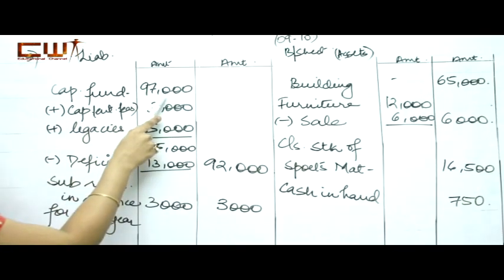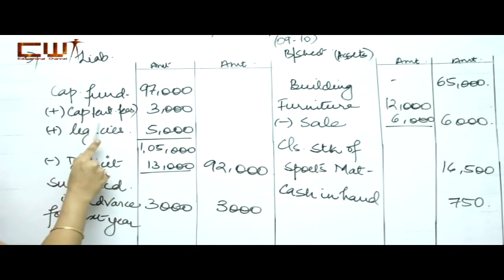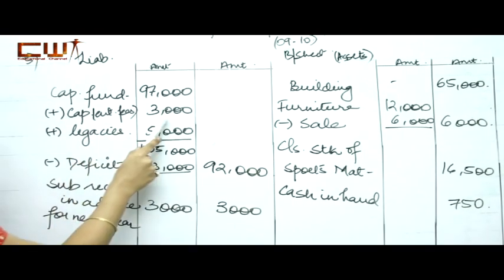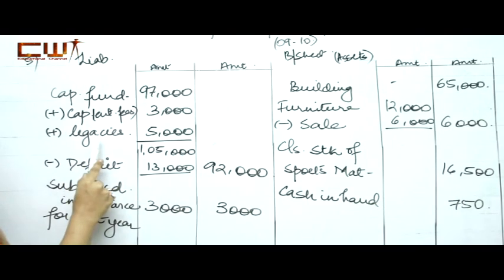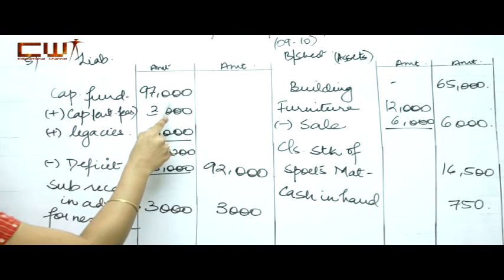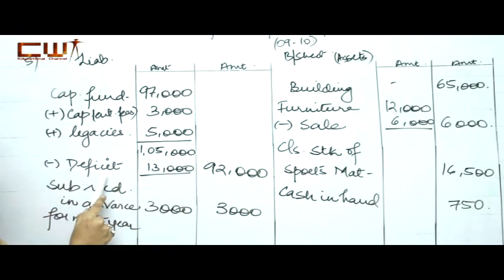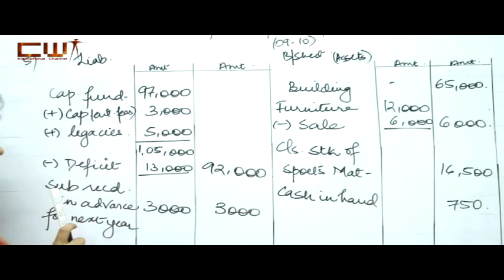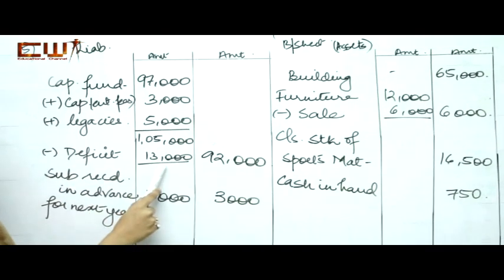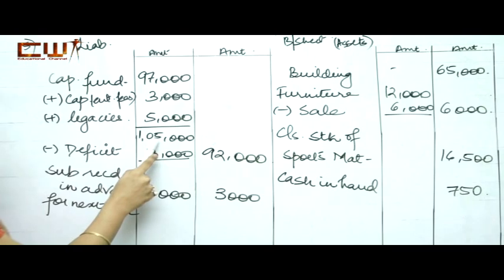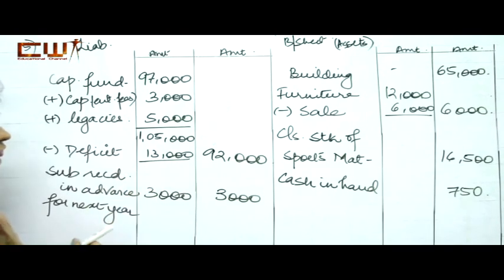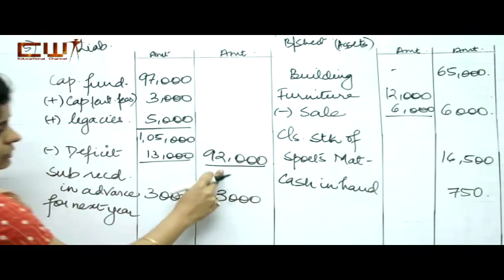Capital fund 97,000, right? Plus capital, you have capitalized the entrance fees 3,000. You have capitalized the legacies, add 5,000 to it. 97,000 plus 3,000 plus 5,000 will give you 1,05,000. You will subtract the deficit that you calculated in the receipt and payment column, that will give you 13,000. 1,05,000 minus 13,000 will give you 92,000, right?